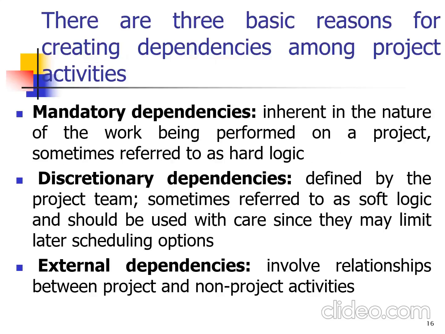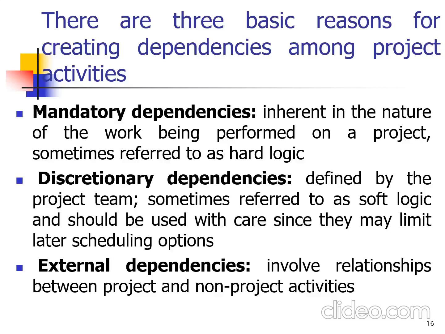There are three basic reasons for creating dependencies among project activities, and these are of three types. We have mandatory dependencies, which are inherent in the nature of the work being performed on a project, sometimes referred to as hard logic.